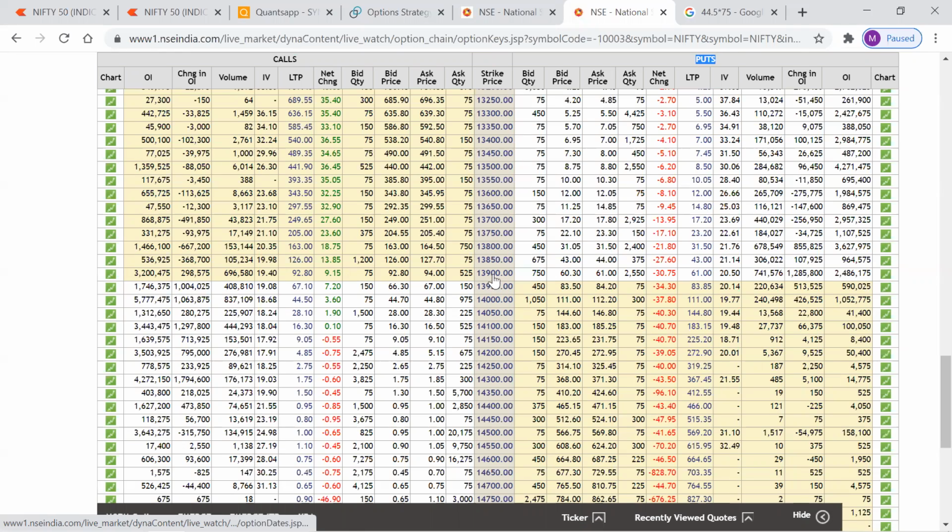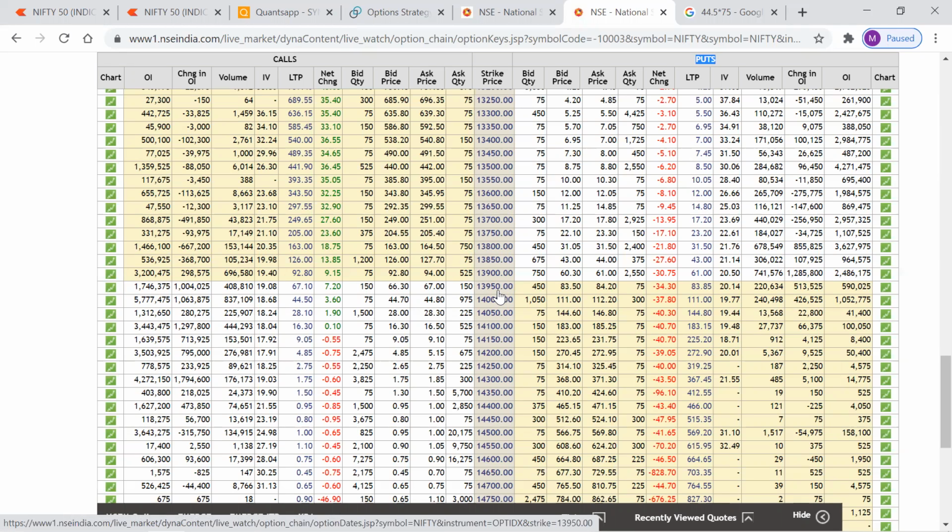These two strikes are called at the money strikes or spot prices. Okay. So 13,850, 13,800, 13,750, 13,700, all these are strike prices. And you can also call 13,900 and 13,950 a strike price, or you can also call them a spot price.